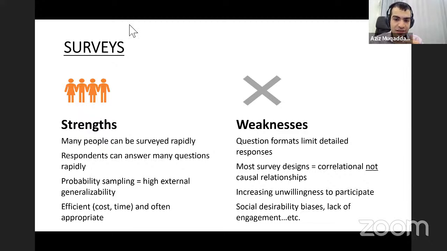As for weaknesses, you always sacrifice one thing for the other. So we say that surveys could have like a broad width, but it would lack depth. Okay.